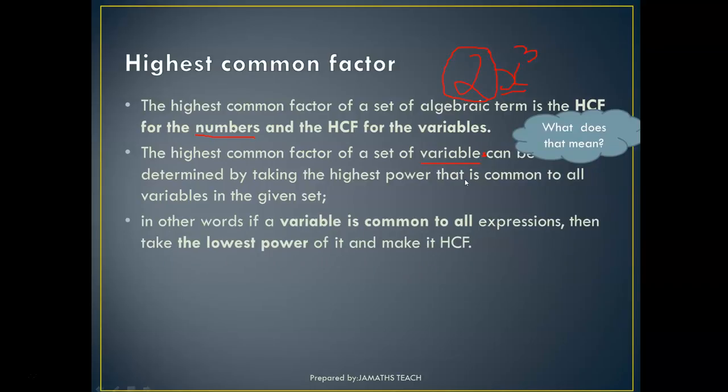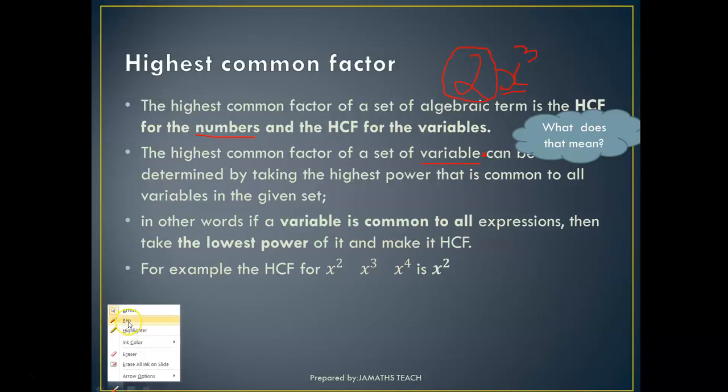In other words, if a variable is common to all expressions, then you're taking the lowest power of it and making it the HCF. For example, if we have x squared, x cubed, x to the 4th, the HCF is x squared. And somebody says, what? If you're asking for the highest common factor, how is it the one with the lowest power? Well, ask yourself the question.